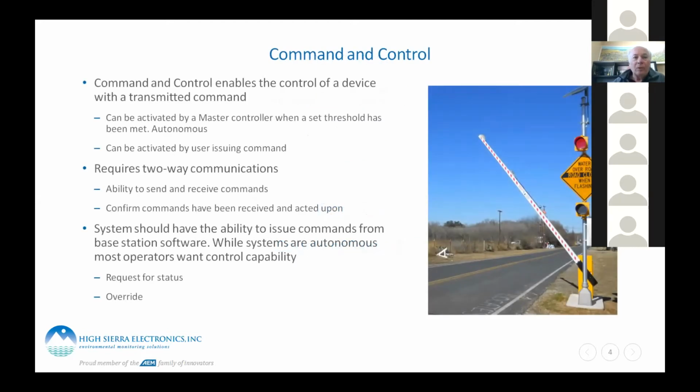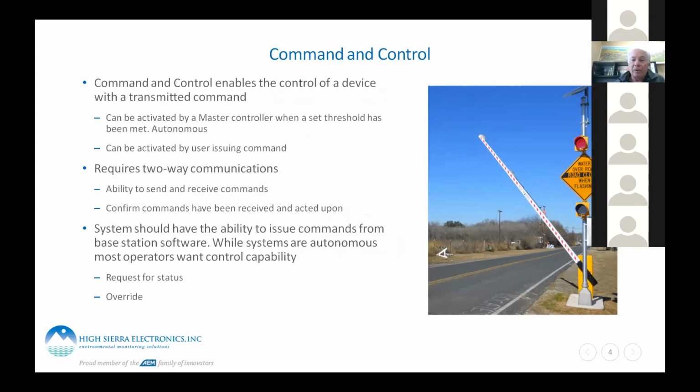So when we talk about command and control, we're talking about the ability to control a remote device with a transmitted command. In this case, in the picture, we're seeing beacons and a gate. These can be activated by a master controller.